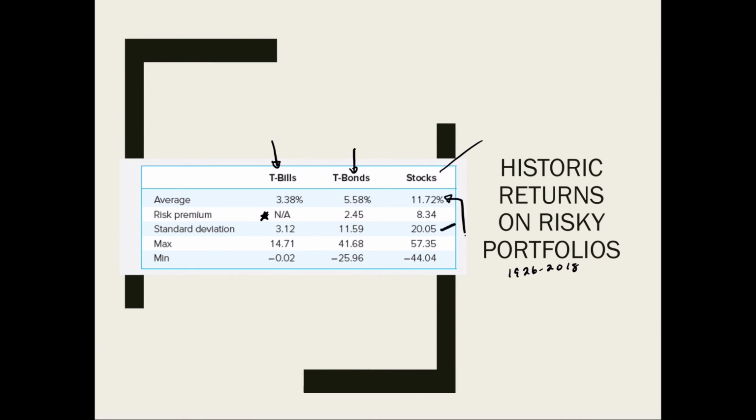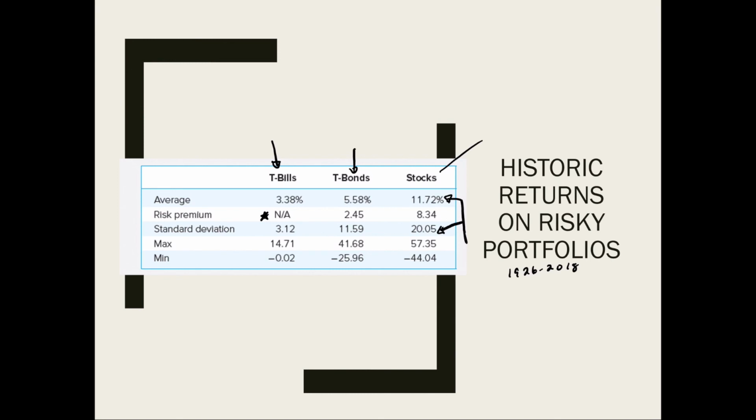How do we measure risk? We're looking at standard deviation. As I mentioned, Treasury bills are considered risk-free investments. However, sometimes inflation was actually greater than the Treasury bill returns, meaning that your real rate of return was actually negative since inflation was eating away at your purchasing power.